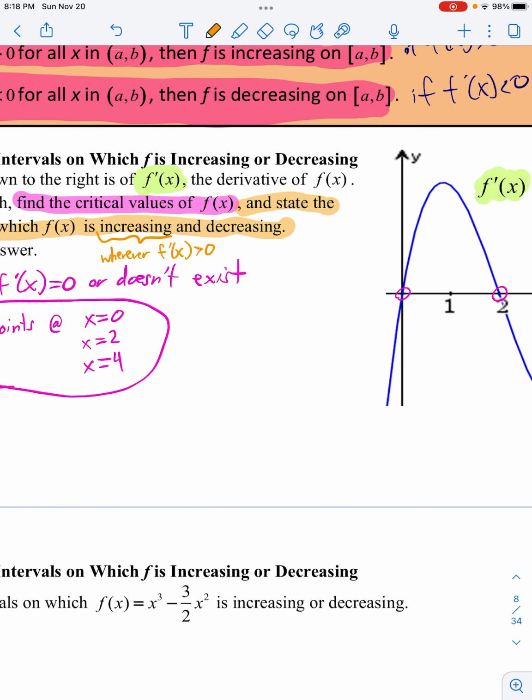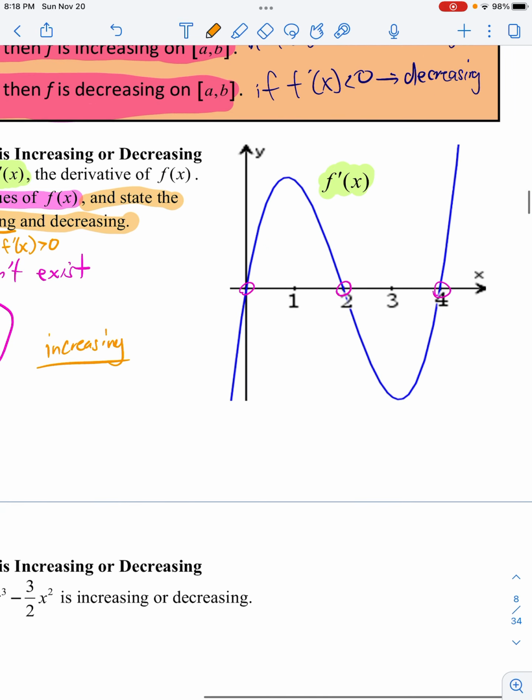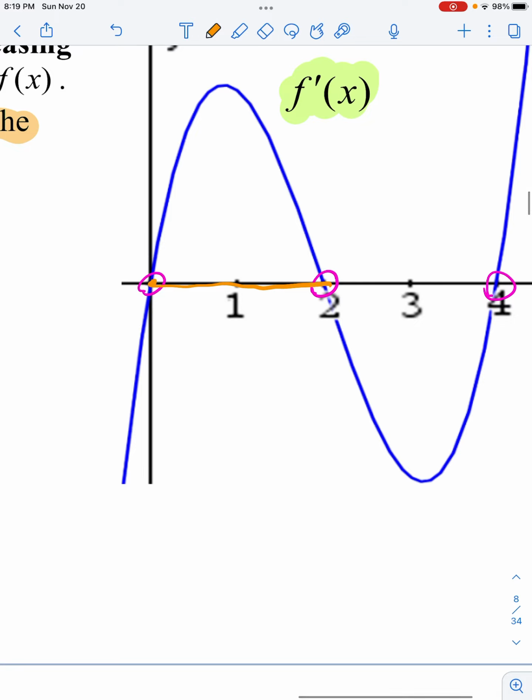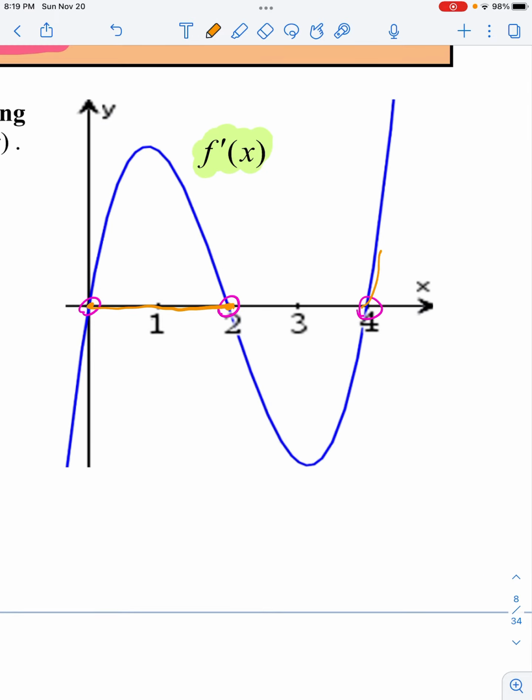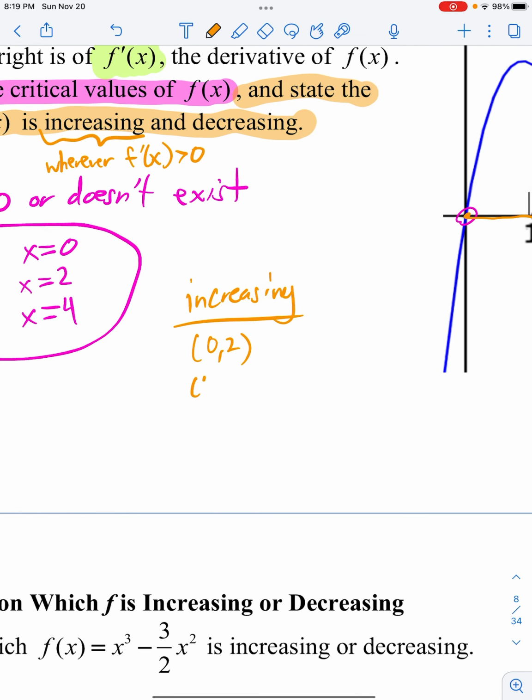So for increasing, that's going to be 0 to 2, open and exclusive, so 0, 2 with parentheses. It's not increasing at 0 or at 2 because it's equal to 0 there. And then 4 to infinity. Decreasing, it's going to be decreasing.